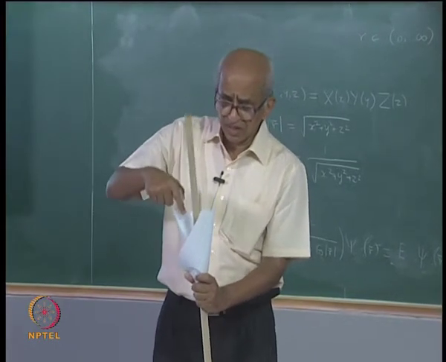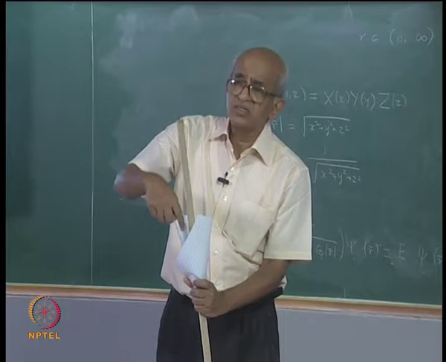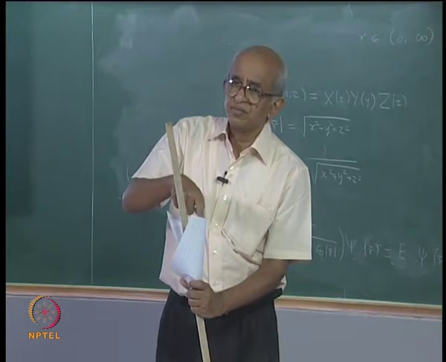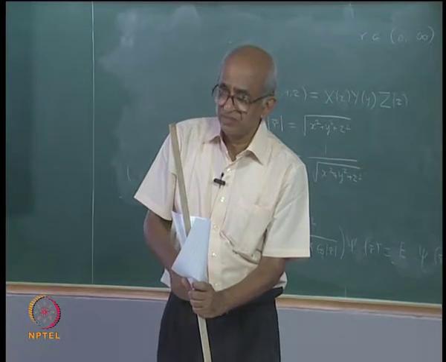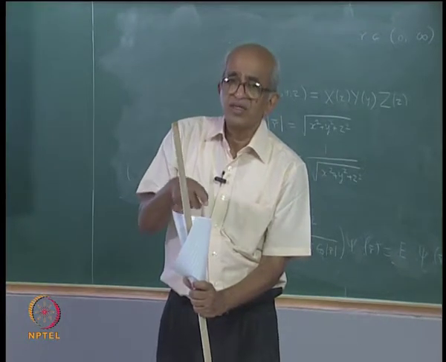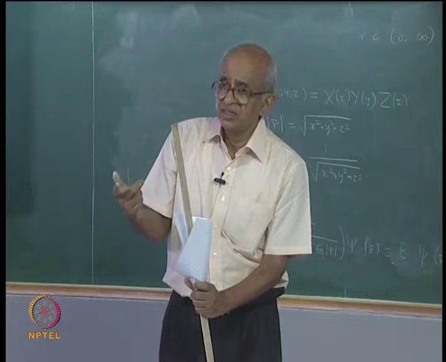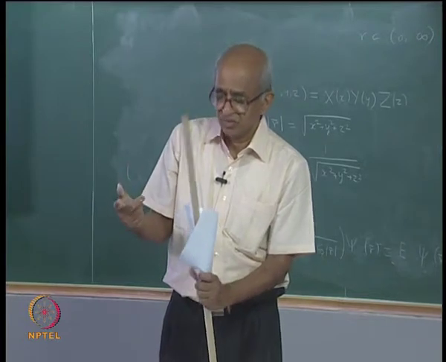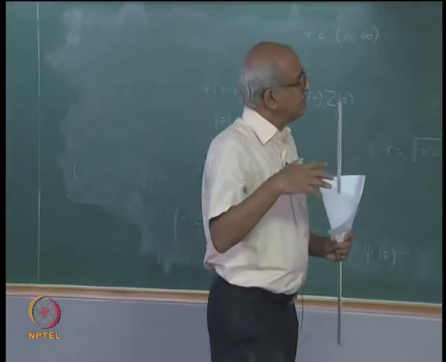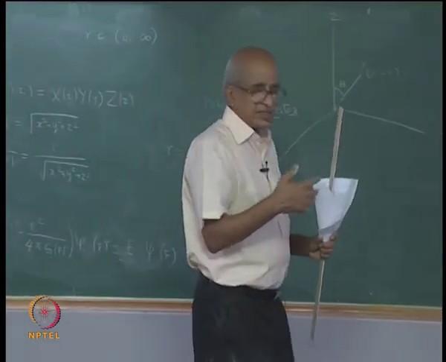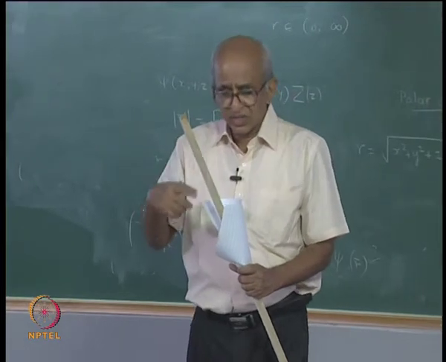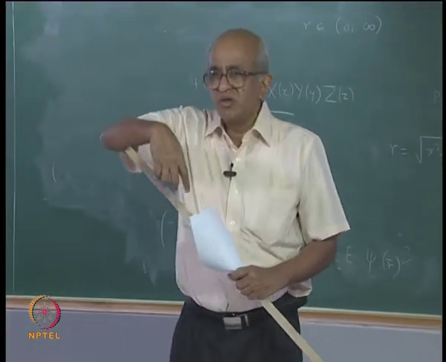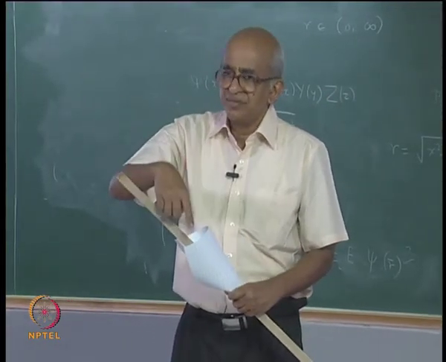And if you think about it, for any point on the surface of this cone, you can think of a line joining that point to the origin, and you will find that the angle made is actually 30 degrees. So, if I say that theta has a value 30 degrees, all that you can say is that the point has to be somewhere on the surface of this cone.